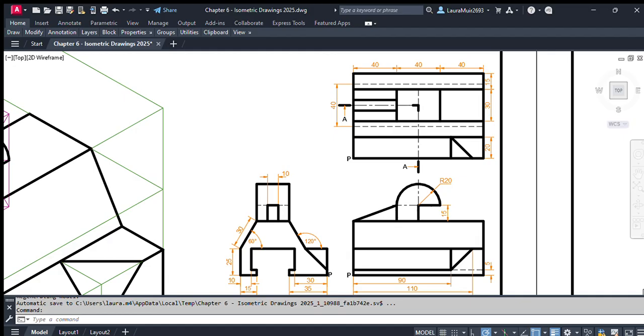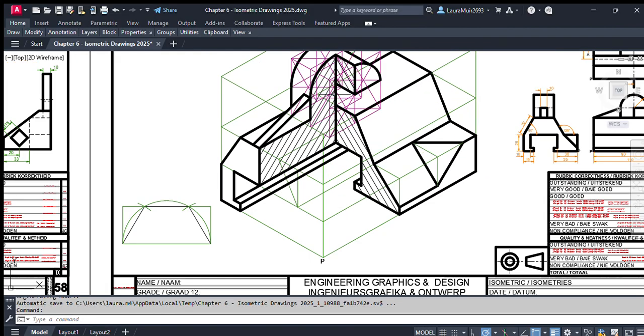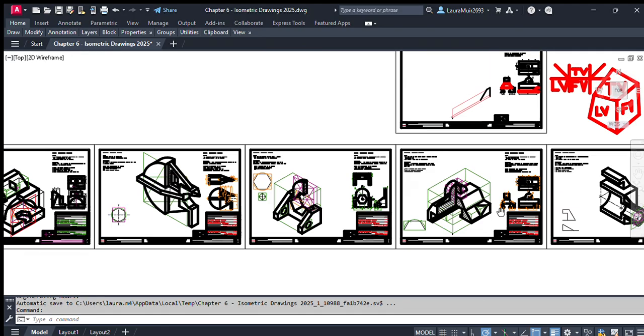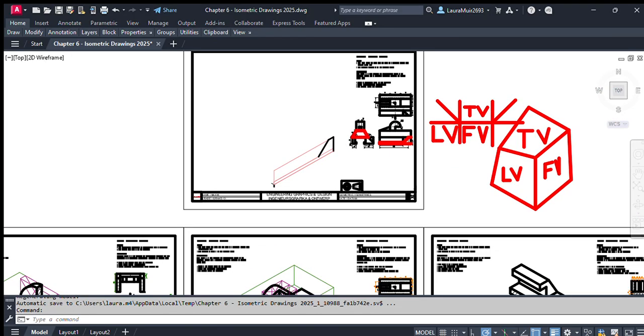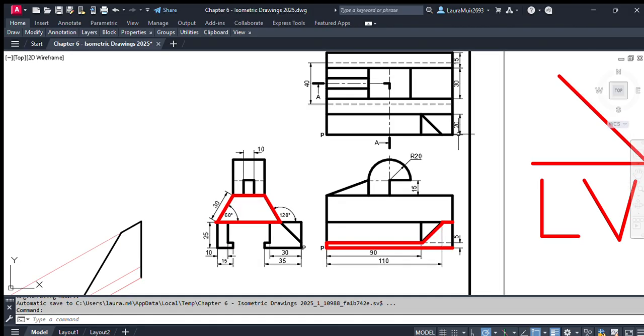That's 20, but okay, 60, yeah. Okay, right, because that's what you're going to end up with.